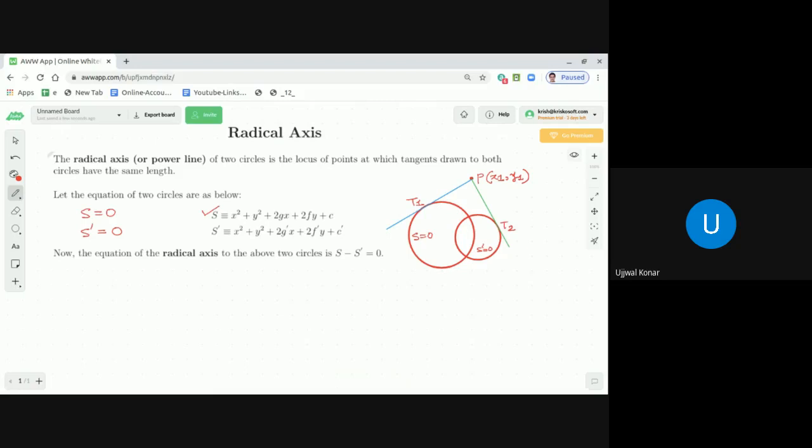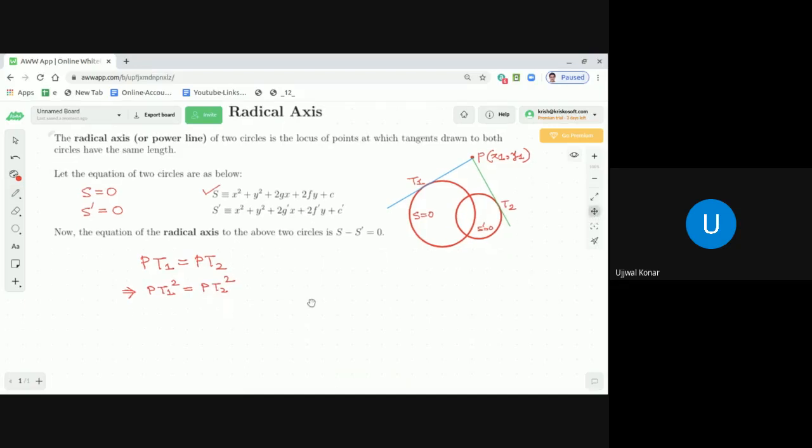Now we need to find the locus of this point P, such that if we draw the two tangents to these two circles, the lengths of the tangents are equal. That means PT1 is equal to PT2, which implies PT1 square is equal to PT2 square.